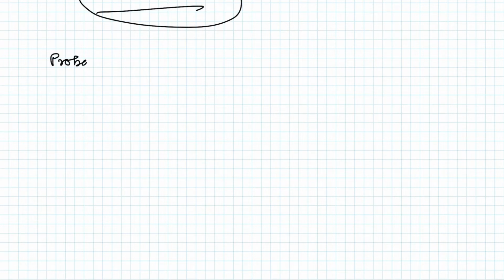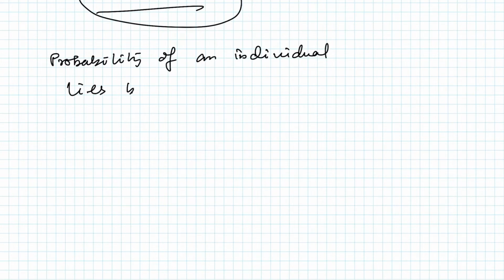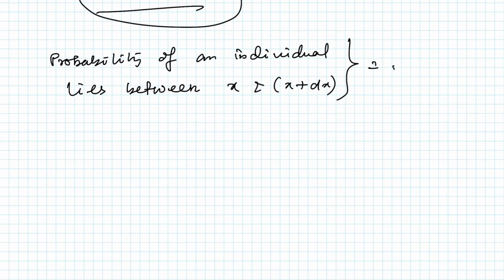So we can write the probability of an individual chosen at random lies between x and x plus dx. It is a small range. Suppose within this range it is given by a quantity, rho of x into dx.